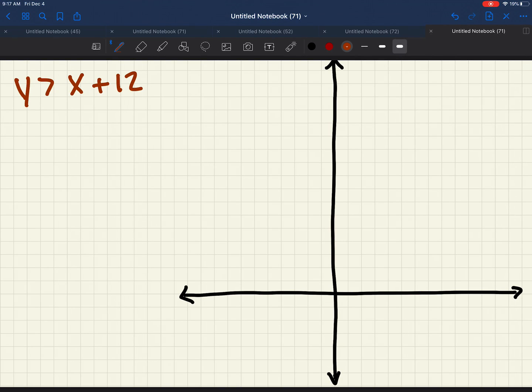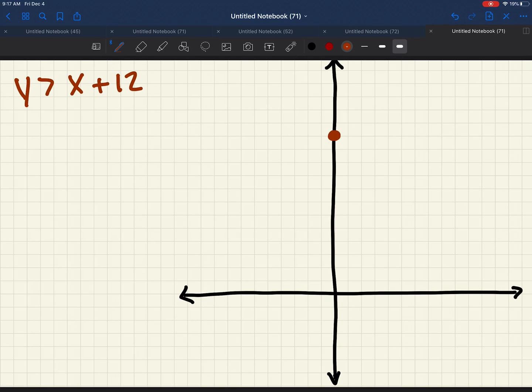What is my y-intercept here? 12. Okay, so I'm going to go straight up the y-axis till I get to 12. Okay, my first point goes at 12.